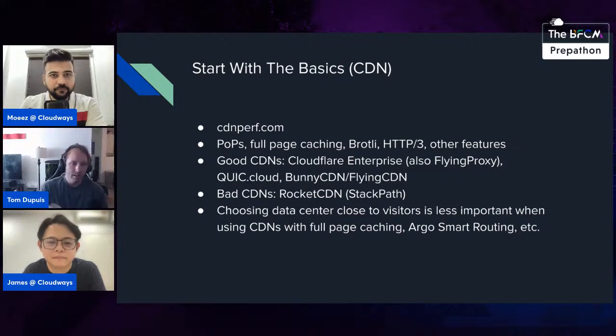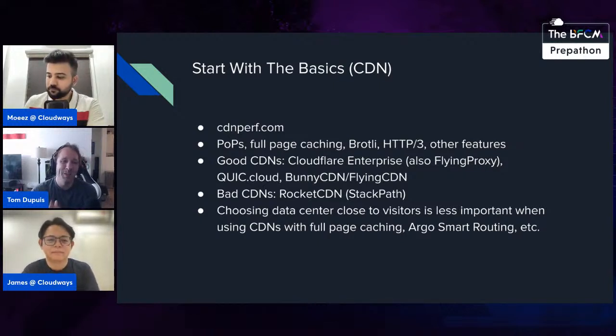And I went through some of the good CDNs like Cloudflare. Cloudflare Enterprise is obviously a lot better with all those features. Flying Proxy is also a good option. They have some Cloudflare Enterprise features too, but Flying Proxy doesn't fix your hosting. It just fixes the CDN part.